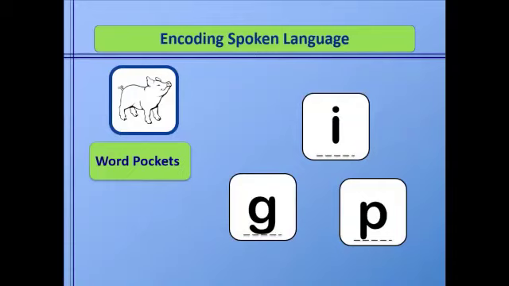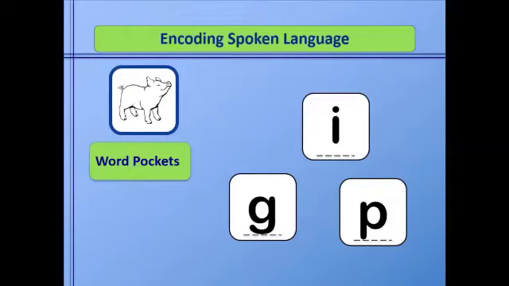Veronica, this is a new activity. Let's take the pictures and the letters out of the little pocket, spread them out. Let's mix them up. What are the sounds of pig? And she says, p, i, g. Good. Now, Veronica, I want you to say the sounds of pig.